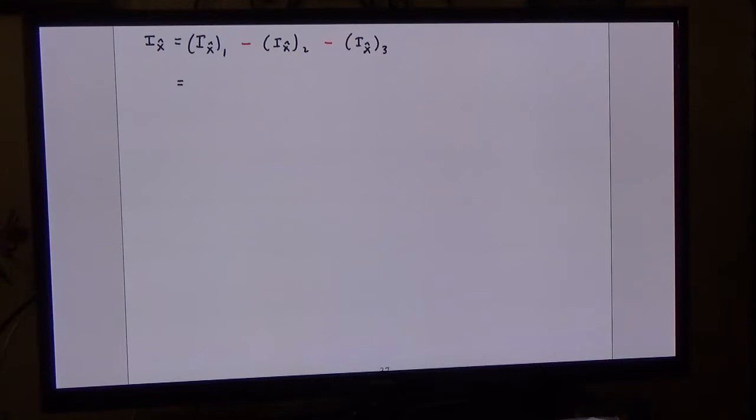So then, the moment of inertia about the x hat axis for part 1, I'm going to have to use the parallel axis theorem. I'm going to take it from the part's centroidal axis and then move it with the parallel axis theorem to the body's centroidal axis. So I do that by adding some area times a distance squared.